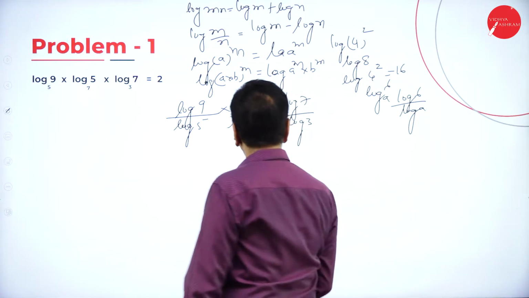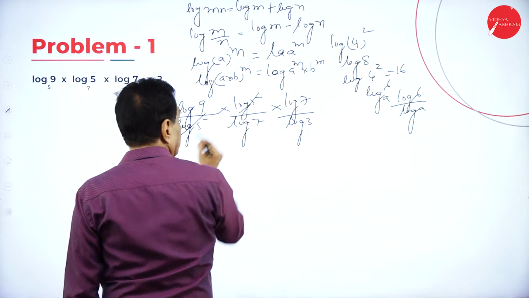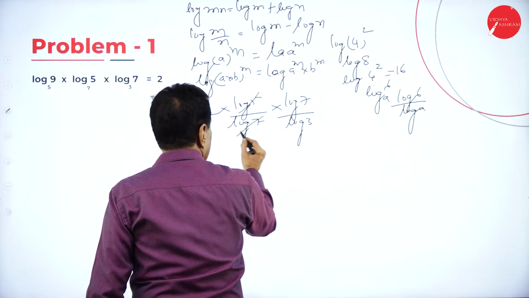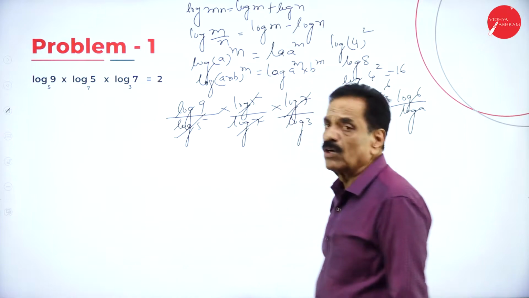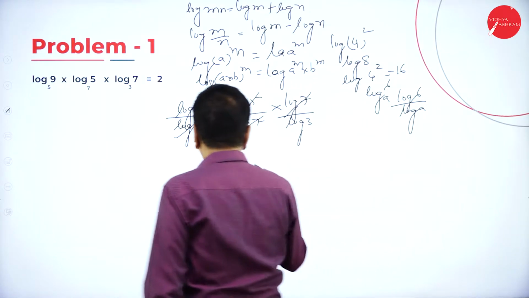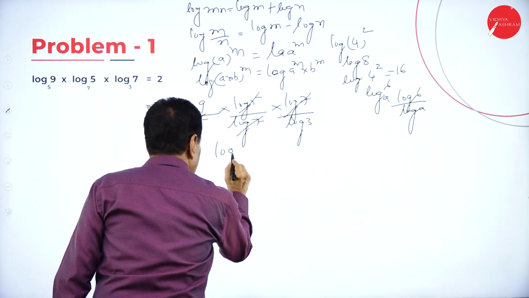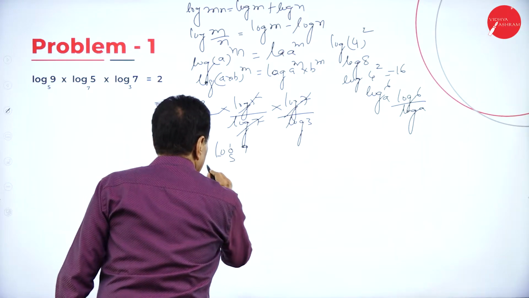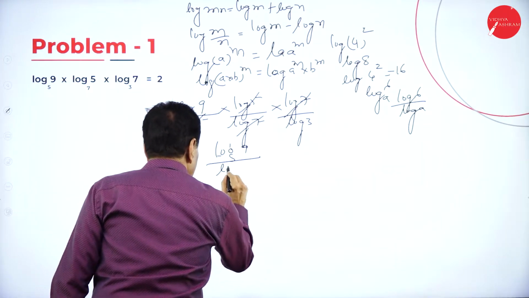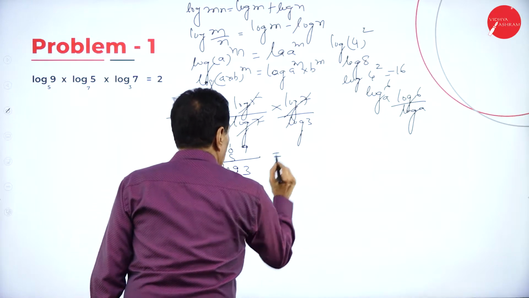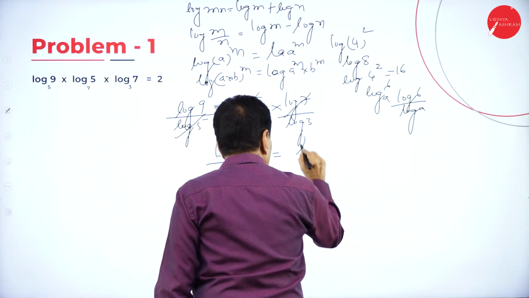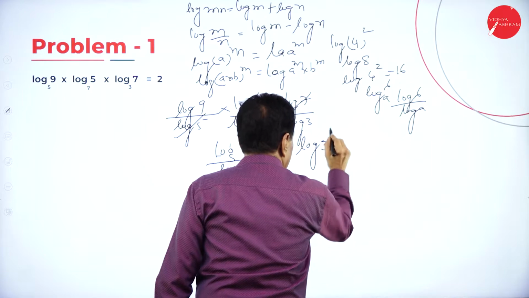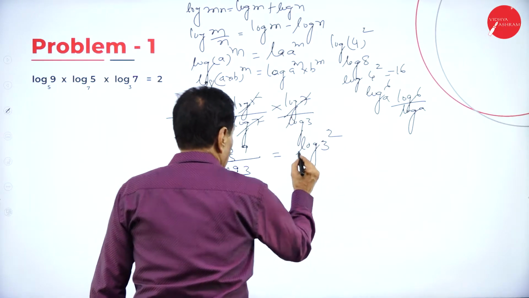Now simplify this. Log 5 cancelled out. Log 7 cancelled out. What is left over? Log 9 divided by log 3. Log 9 can be written as log 3 squared divided by log 3.